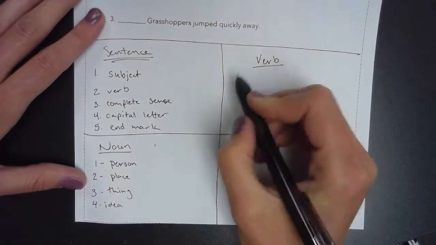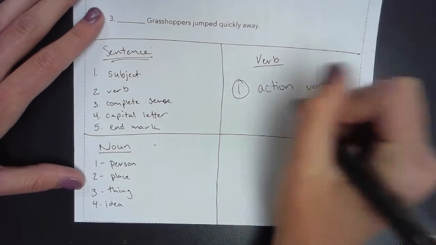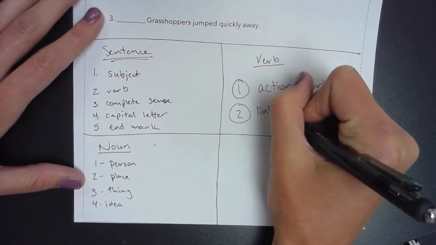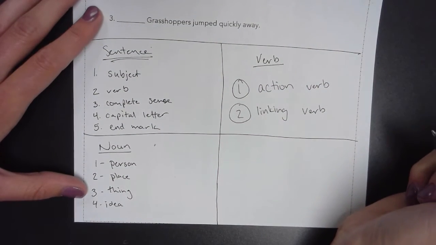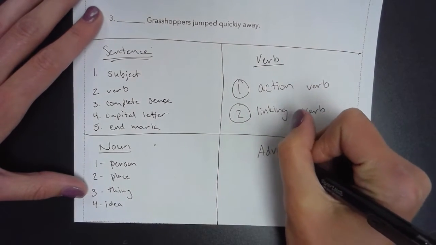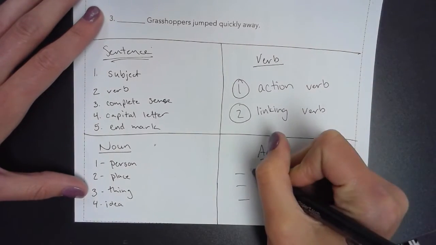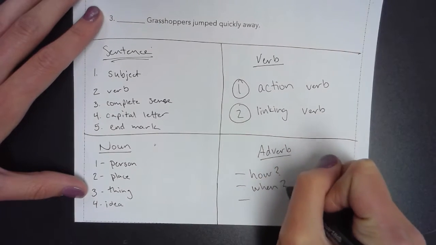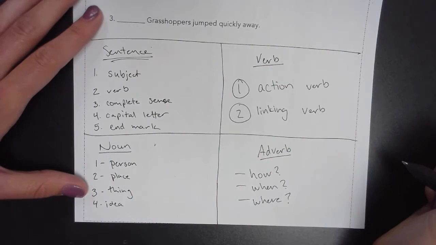We got 2 types of verbs. 1, we've got an action verb. 2, we've got a linking verb. And then, finally, our adverb jingle. An adverb asks 3 questions. How, when, and where. All right?